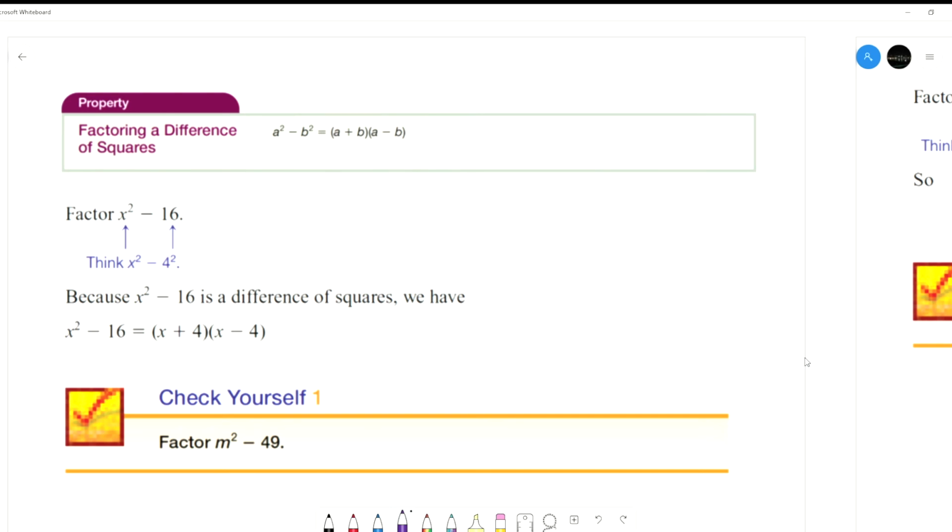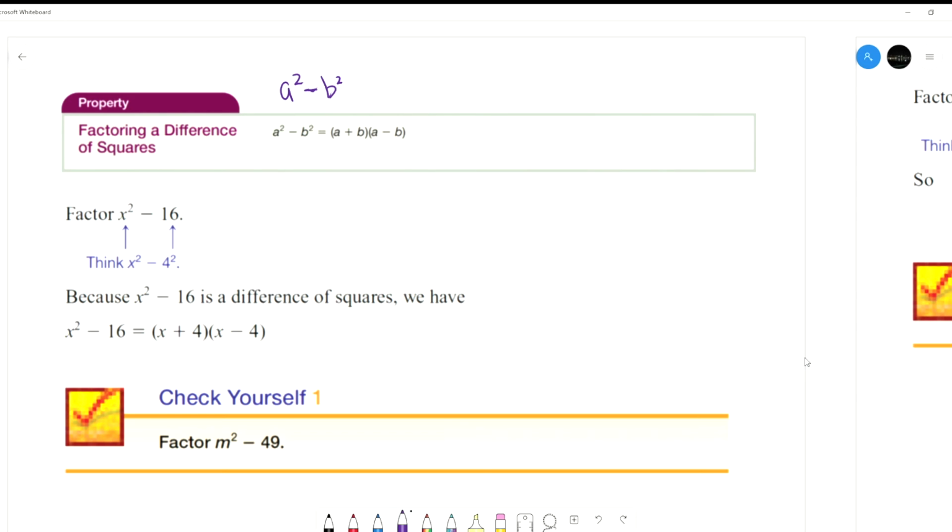We're going to be talking about something called the difference of squares, or in some books you might see it as difference of two squares. So here is our first property. If we have a problem, the problem here is a squared minus b squared. So you see how this is the difference of two squares, right? Difference means to subtract.